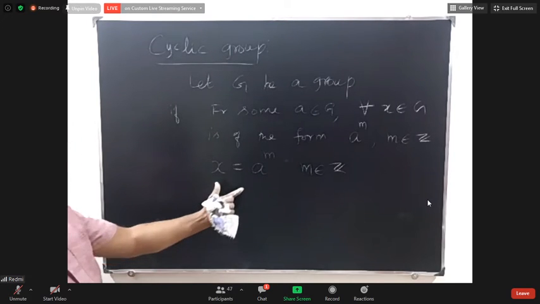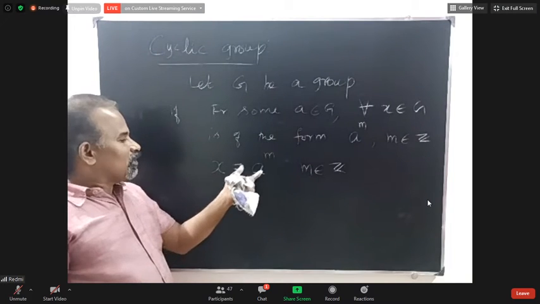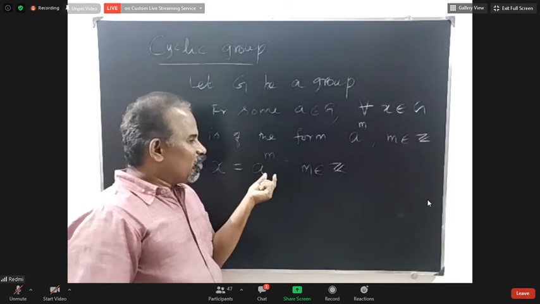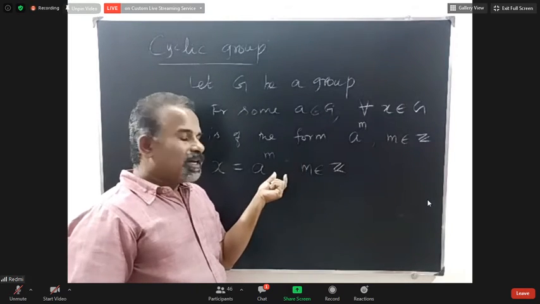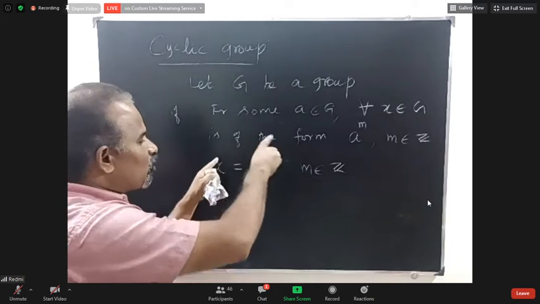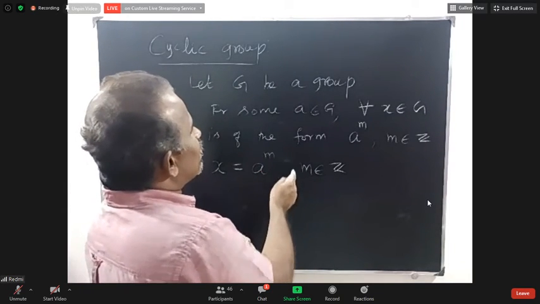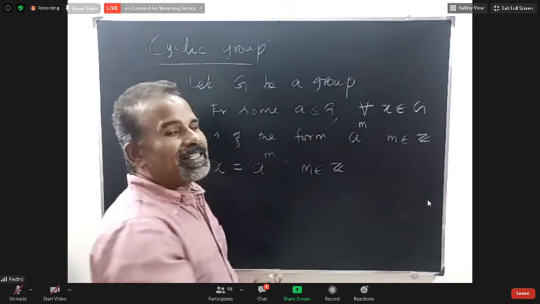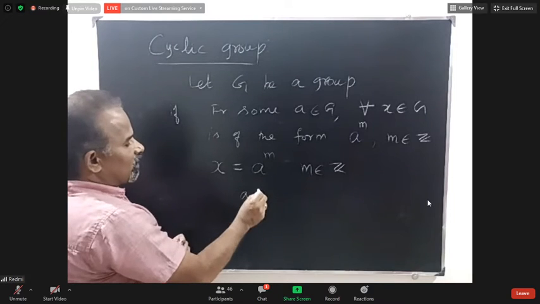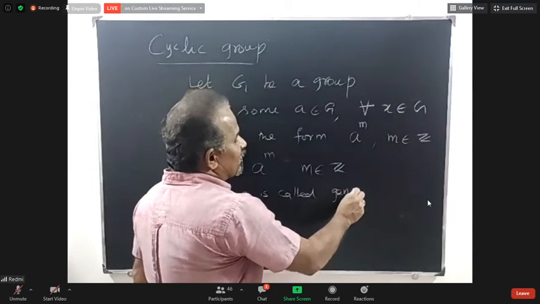So this group is called a cyclic group. Every element is of the form A square, A cube, A power 4, A power 5, A power 6. So all the elements will be generated by a single element A. Therefore this A is called the generator of the cyclic group.